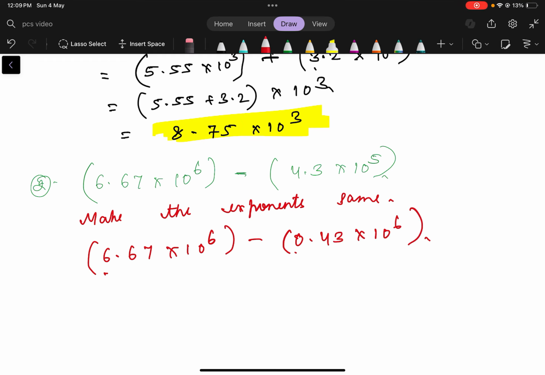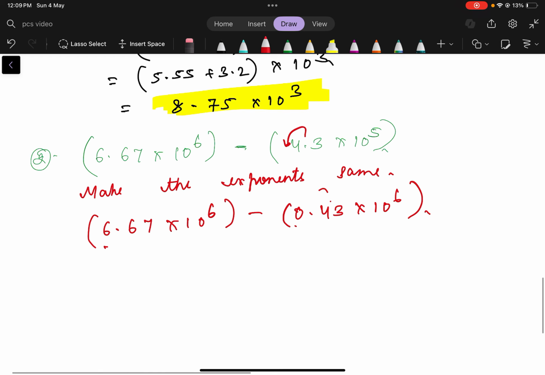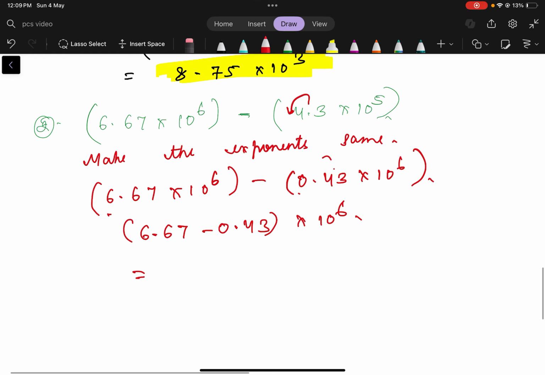So here the decimal is shifting to the left, and the power is positive. So we will do 6.67 minus 0.43 into 10 to the power 6. So it comes to 6.24 into 10 to the power 6.